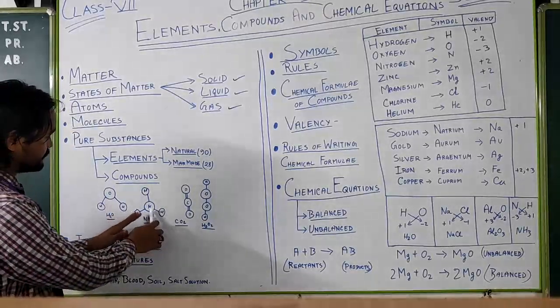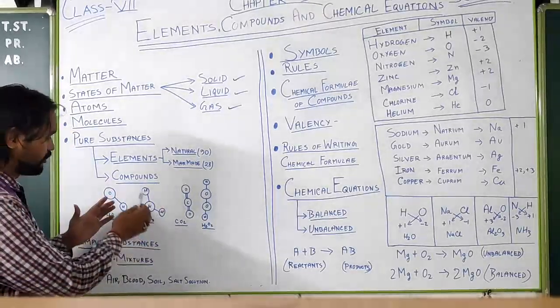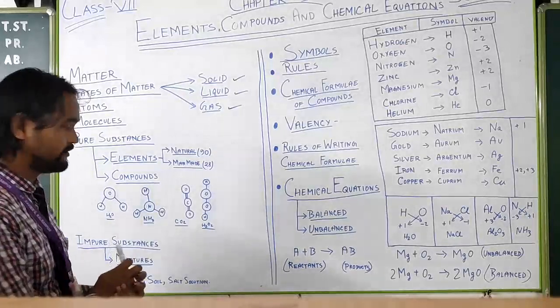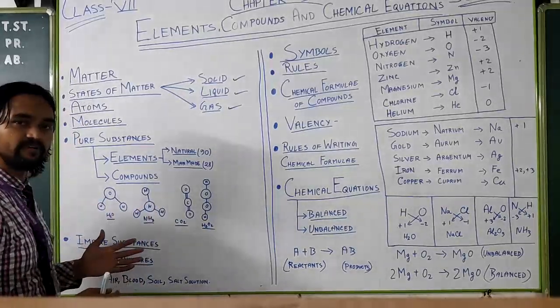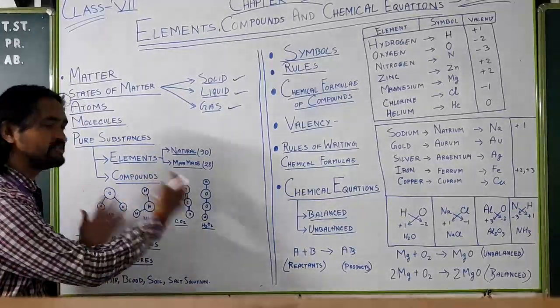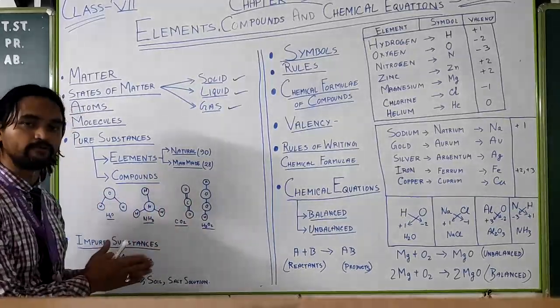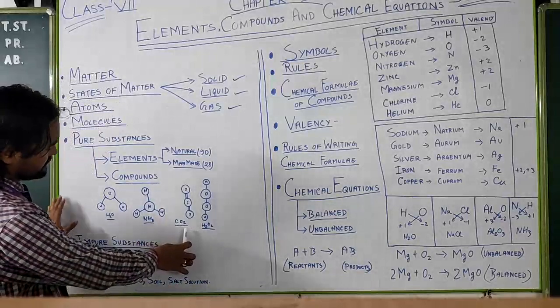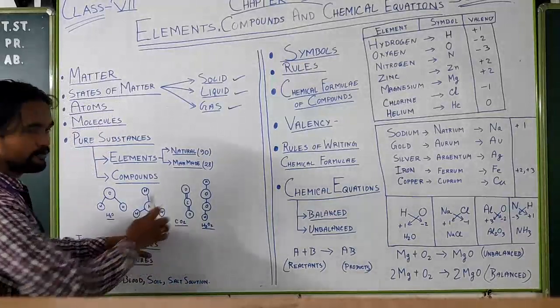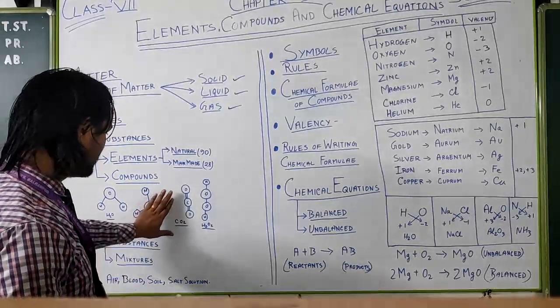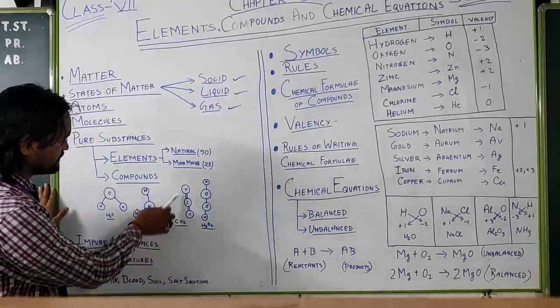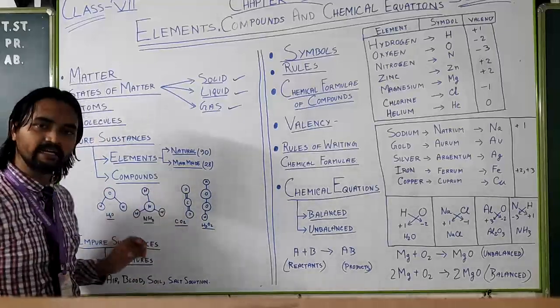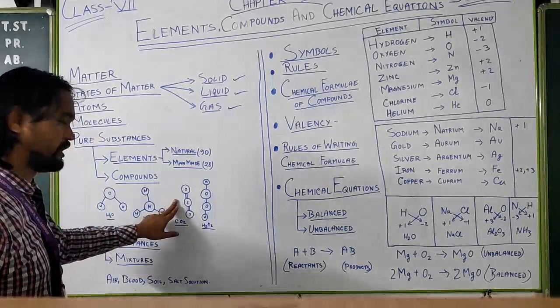When hydrogen and nitrogen react with each other, they form ammonia, and the property of ammonia is totally different from the property of nitrogen and hydrogen. If we see the next example, that is carbon dioxide, we can see 3 atoms are present in one molecule of carbon dioxide.